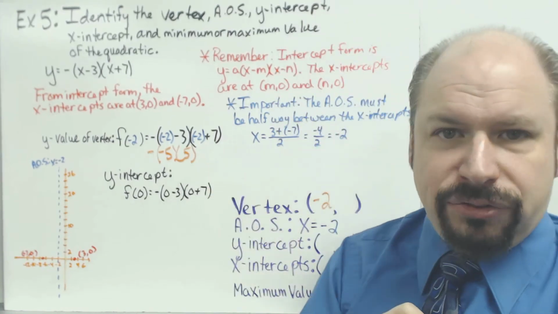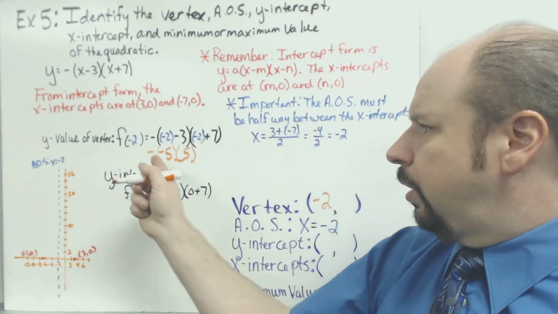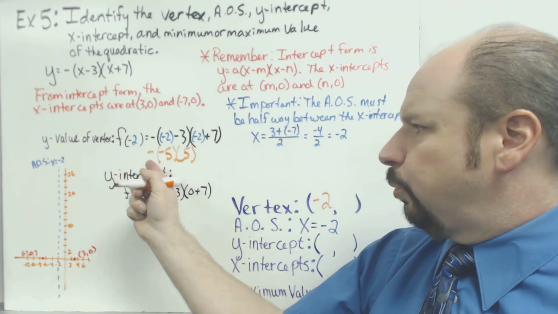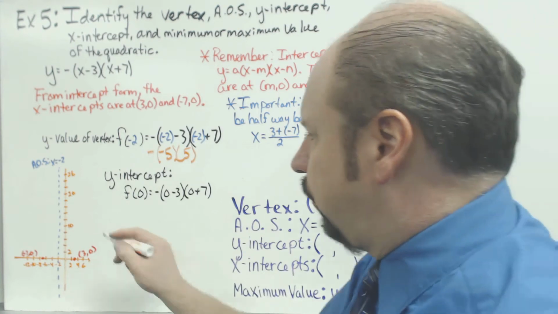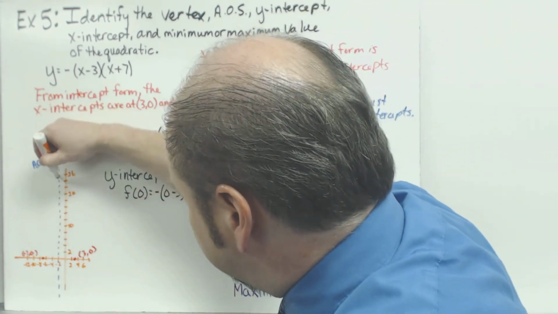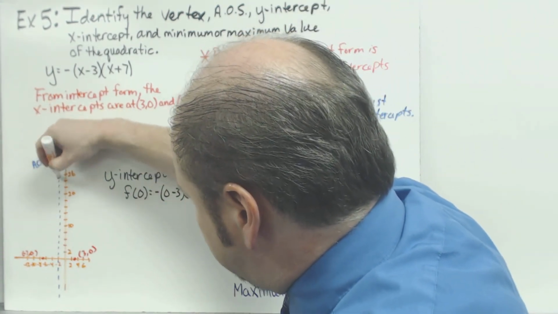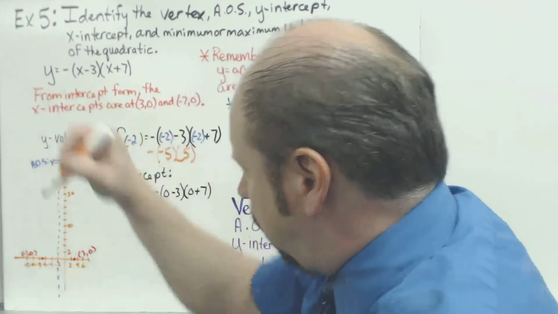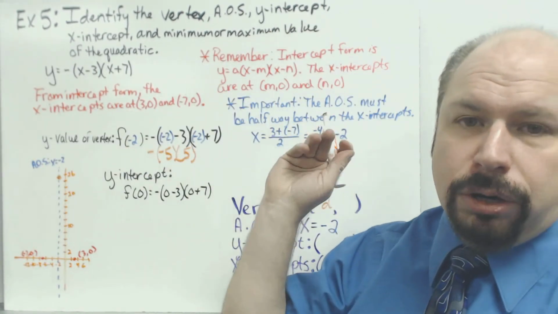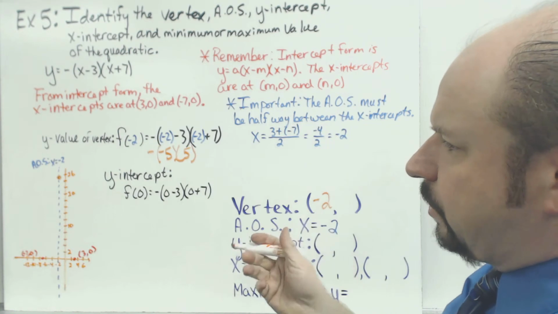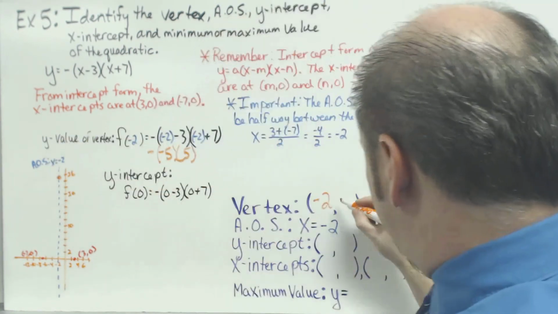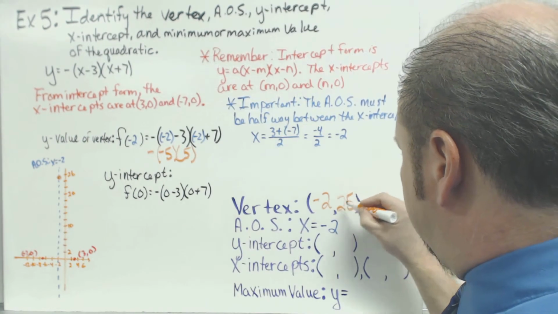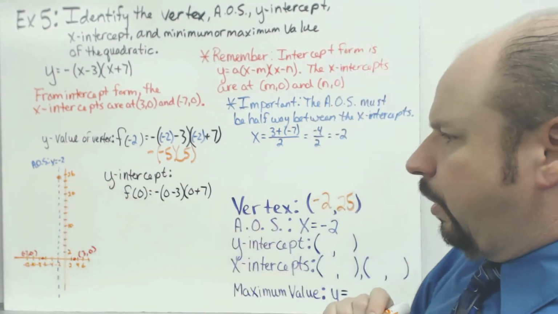So negative 5 times 5 is negative 25, and then this makes it opposite. So the opposite of negative 25 is positive 25. So our vertex is at negative 2, 25. That's that point right there.